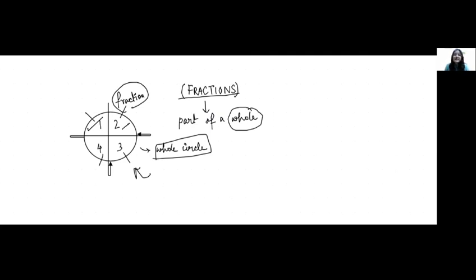Now, we are representing this in a drawing form. What if I want to write the fraction using numbers, that is, using the language of maths? How do we do that? So our next topic is how to represent a fraction.